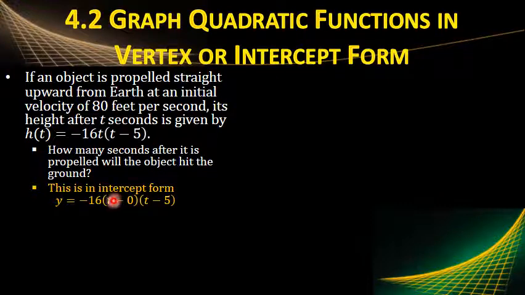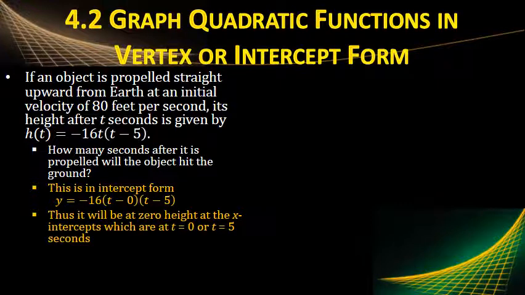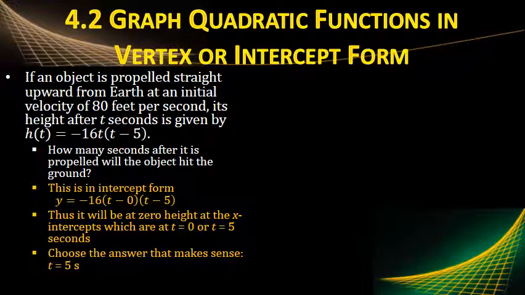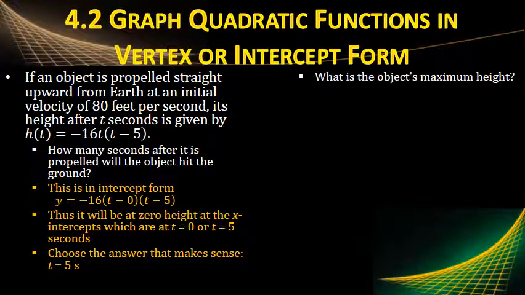If I rewrite the t as t minus 0, we can see that the x-intercepts are 0 and 5. Thus, it'll be at 0 height at the x-intercepts. It'll be on the ground at the x-intercepts, which are 0 and 5 seconds. Choose the answer that makes sense. It was launched at 0 seconds, so it hit the ground at 5 seconds.